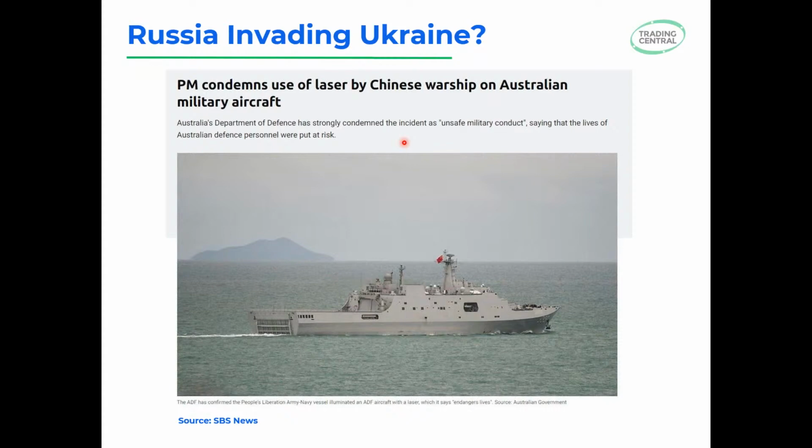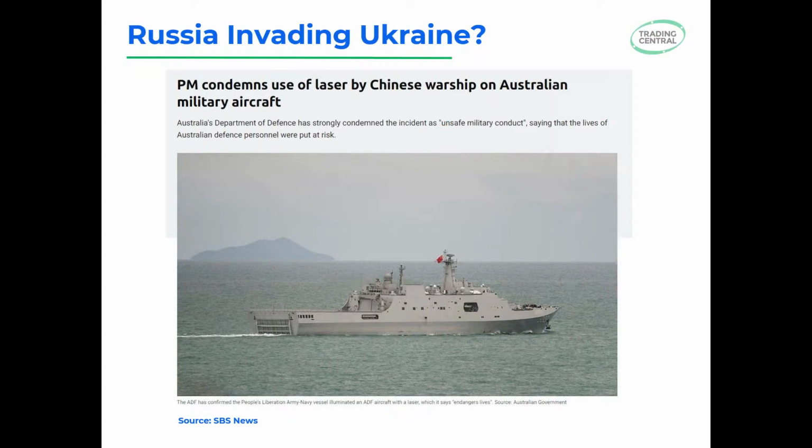So we are still seeing issues around the world, but at the moment, I can see that the Russia-Ukraine incident will be easing. The tension will be easing over there. And if you're interested in international relations and global conflict, have a look at this one.